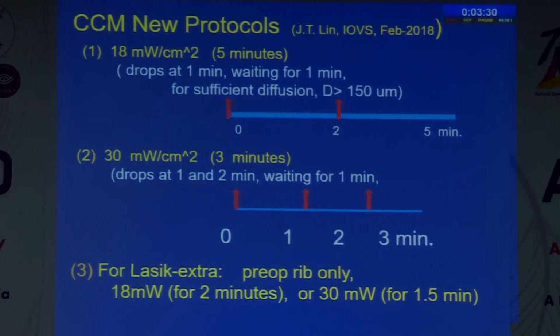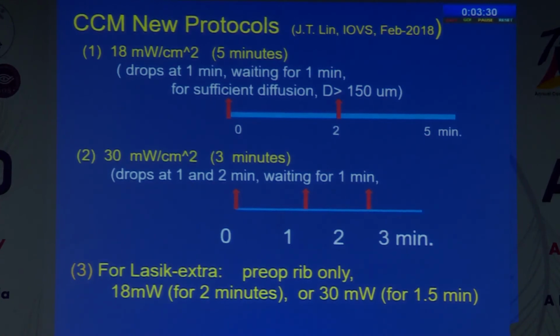That's my modern protocol, published February 2018 in IOVS. For example, I'll give you 2 examples. If you use 80 milliwatt, you should do this: in between, about 2 minutes, you put some drops and finish. And for the higher power, you put more drops during. Now, the Dresden protocol tells you that during the period they put 3 or 4 times riboflavin continuously.